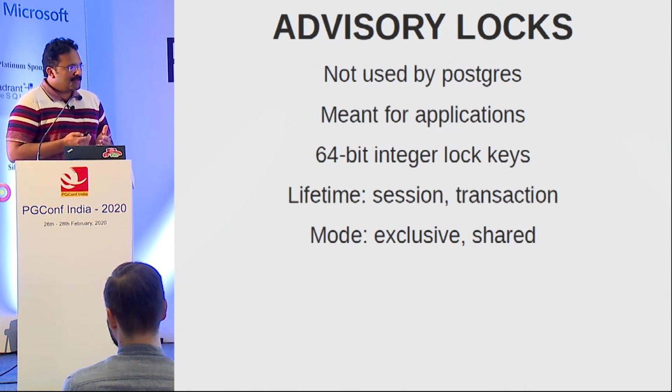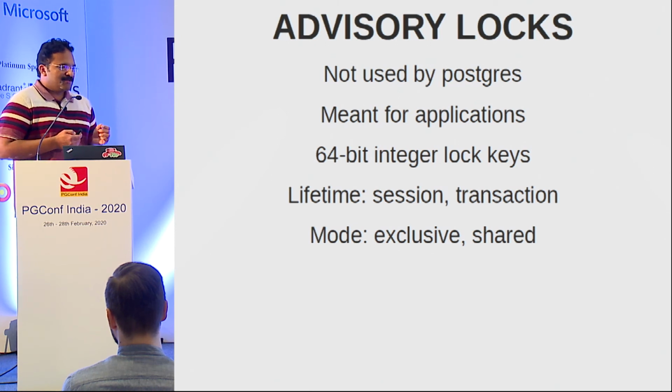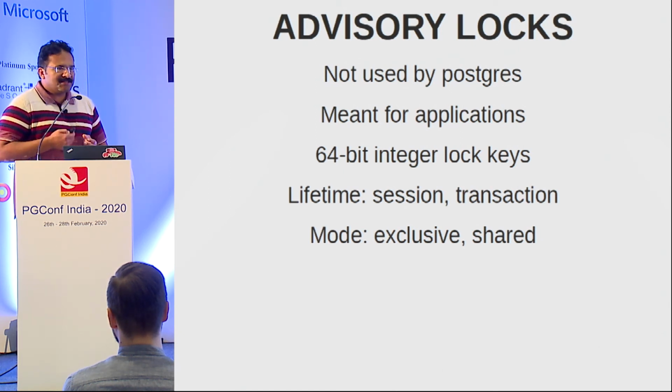What you lock in advisory locking is just a 64-bit integer in one form or another. They're not database objects because we don't want these locks to conflict with anything Postgres is doing. So it's just numbers. You can lock whatever number you want, and what that means is up to your application.